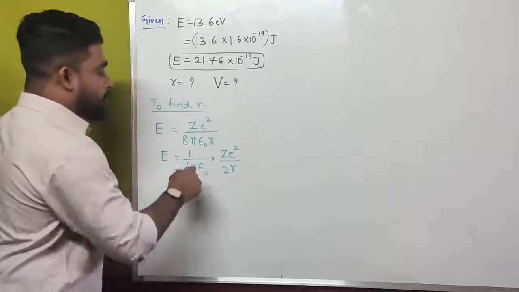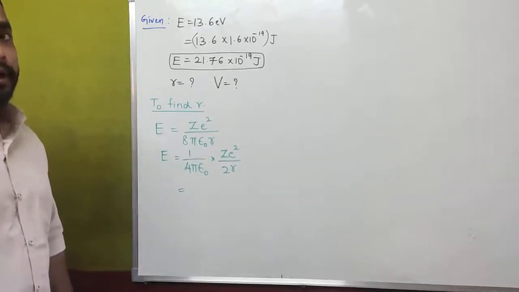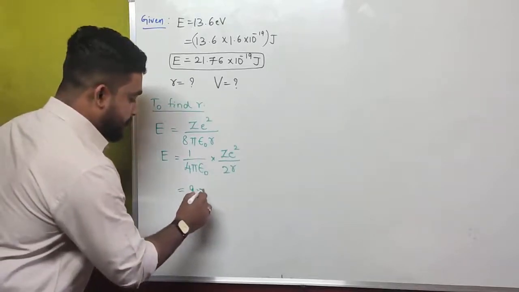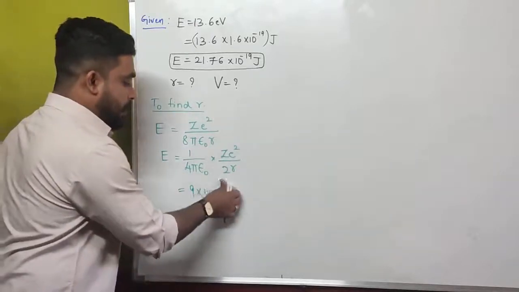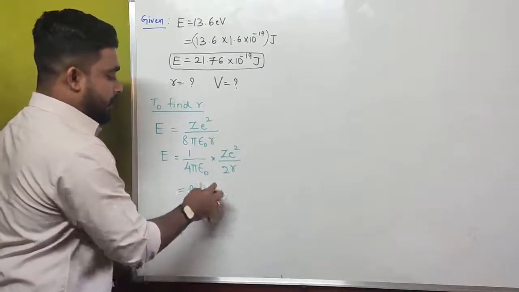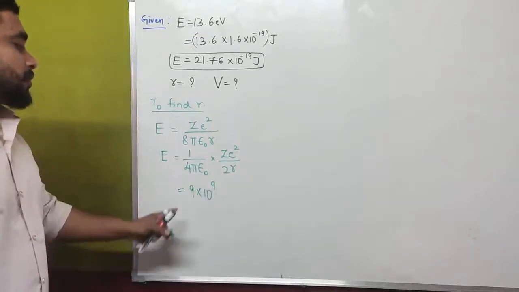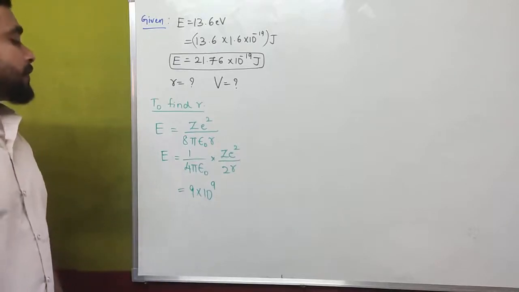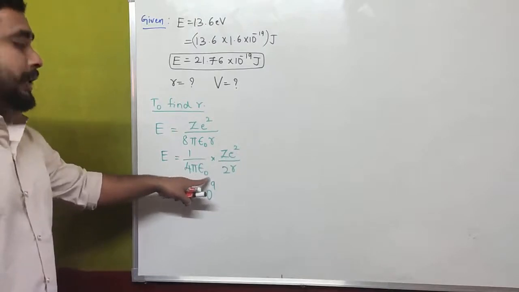What is the value of 1 by 4 pi epsilon naught here? Actually we know this constant, that is 9 into 10 to the power of 9. 1 by 4 pi epsilon naught is equal to 9 into 10 to the power of 9. If you have any doubt, you can substitute the values of pi and epsilon naught here.